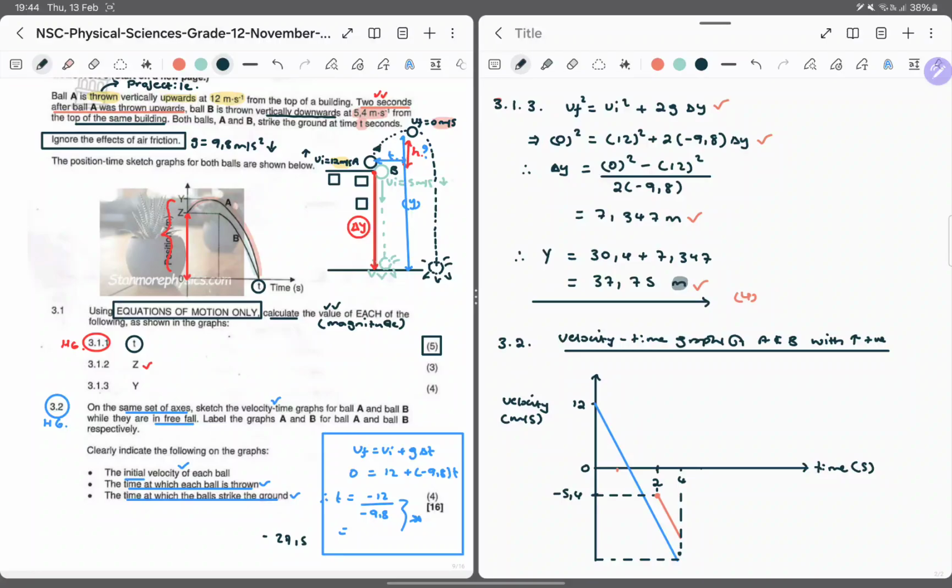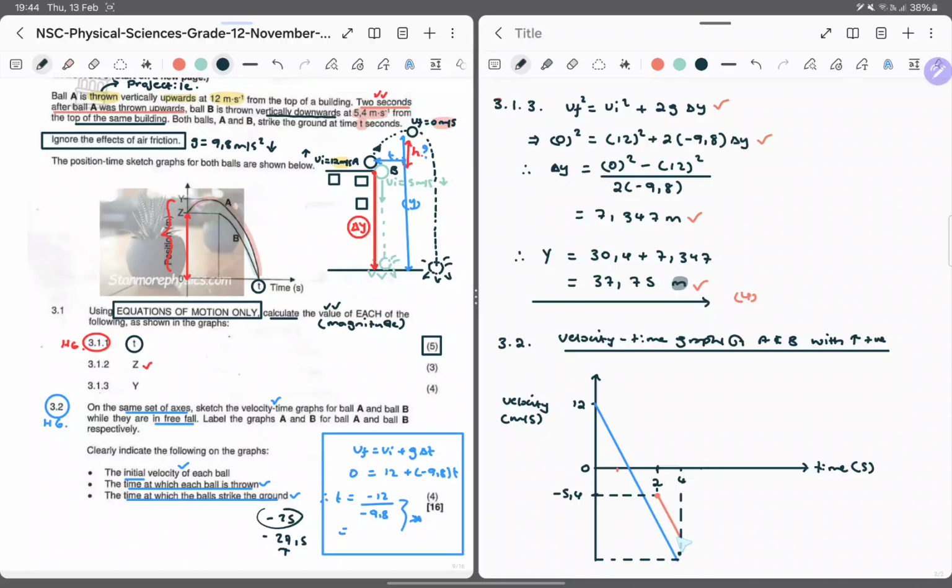Not 4. Remember, this one is lagging by 2 seconds. So mistake. I need to substitute 2 seconds. This is minus 25. Can you see minus 25 is greater than this minus 27?